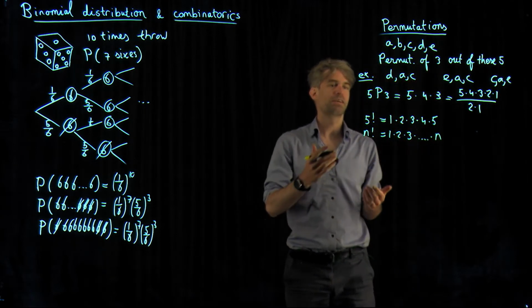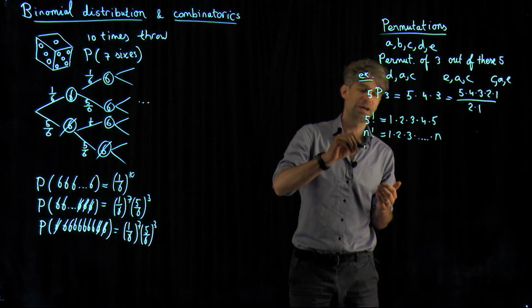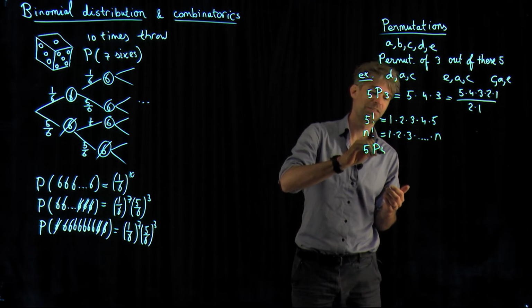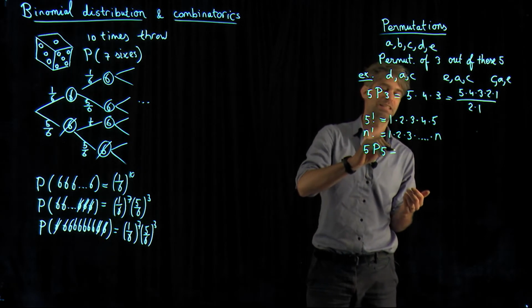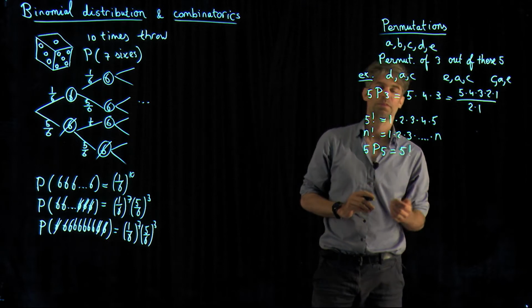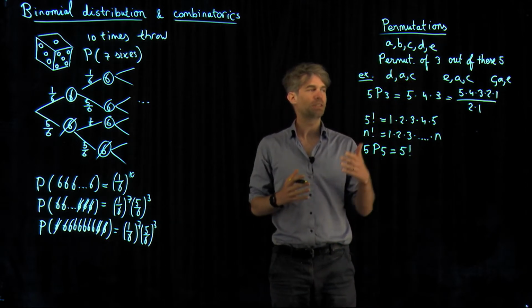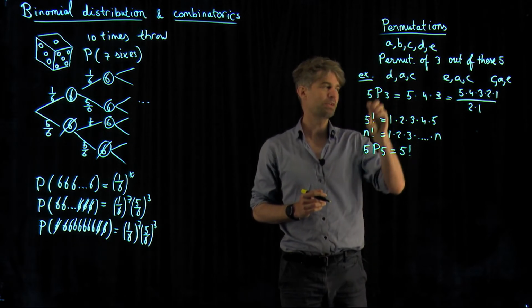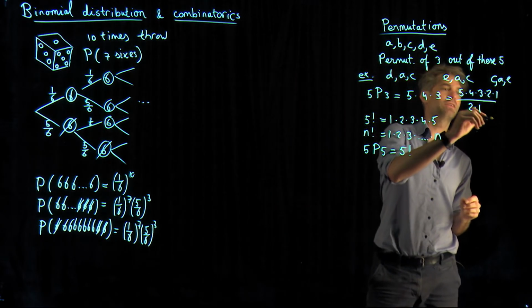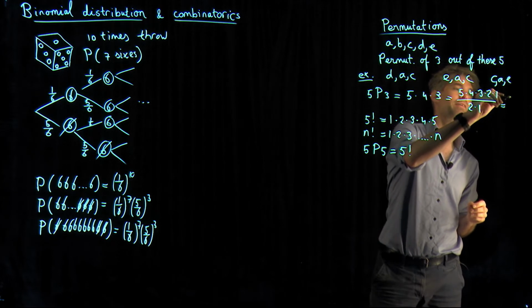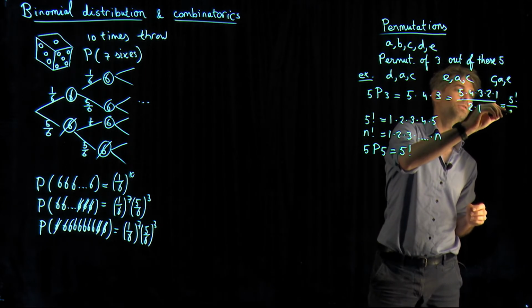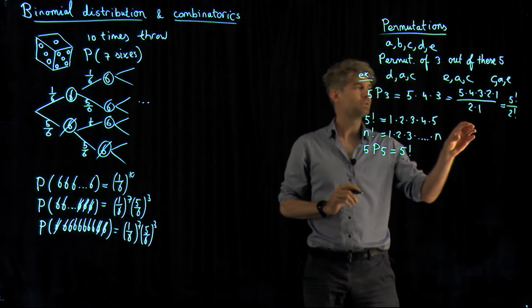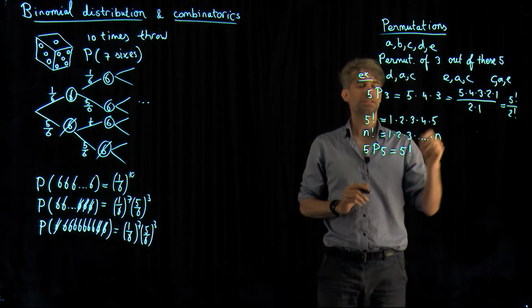So in particular, if you have the permutations of length 5, this is exactly 5 factorial, for example. So this is a pretty good terminology, and if I have 5 permutations of 3, then I can write this in short as 5 factorial over 2 factorial. And note how this 2 is 5 minus 3.